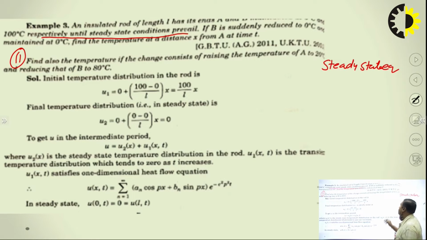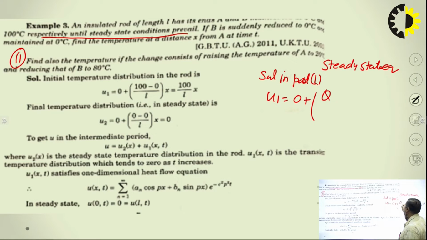First of all, we shall find the solution of the first part. The initial temperature of the rod is given by U1 equal to 0 plus theta 2 minus theta 1 upon L into x.